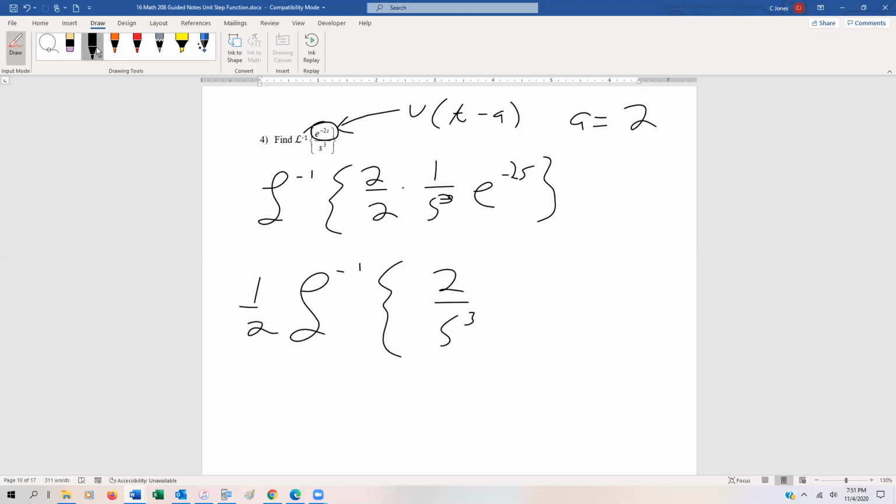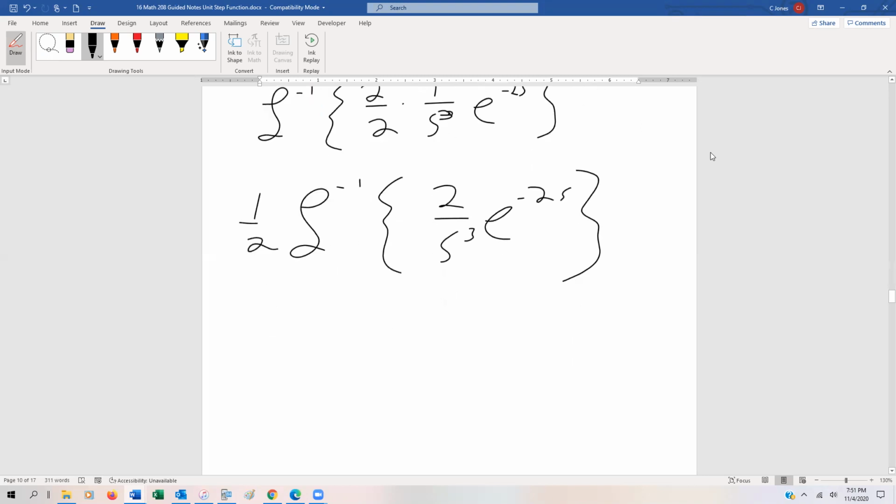And now we're going to remember that we're just going to take the unit step function as well as the function itself and insert t minus a. So now we know that the Laplace inverse of just this part right here, that's usually going to be just t squared, if we were going backwards for that.